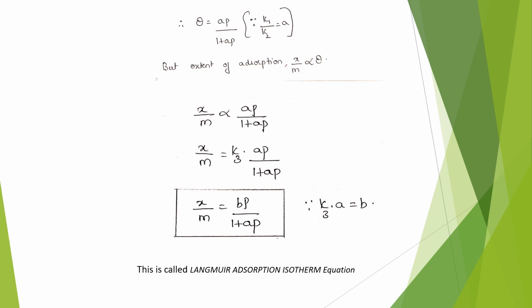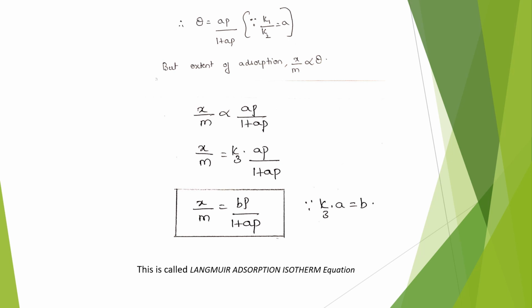But we know that extent of adsorption, that is x by m, is proportional to theta. What is meant by extent of adsorption? In the previous video, we have seen extent of adsorption is taken as x by m. What is x? What is m? Do you remember? x is the amount of the adsorbate, m is the amount of the adsorbent.